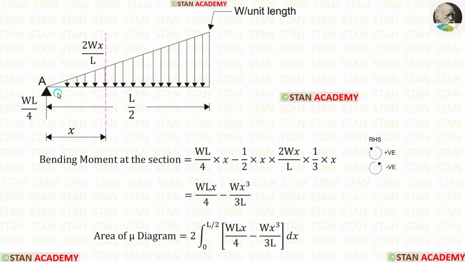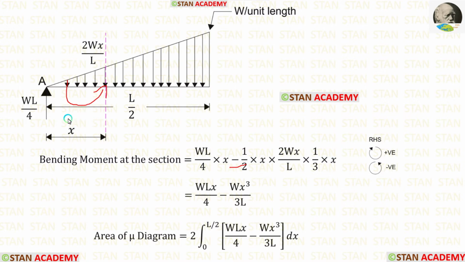Now let us take moment about the section. I am going to find out the moment from the point A. In this case, I am moving towards right hand side. Clockwise will be positive and anti-clockwise will be negative. The reaction at the point A is acting in the clockwise direction, so it will be positive and the distance is x. The triangular load is acting in the anti-clockwise direction, so it will be negative.